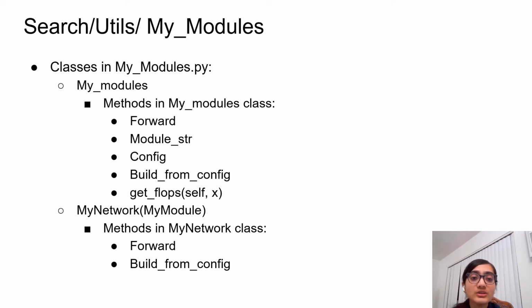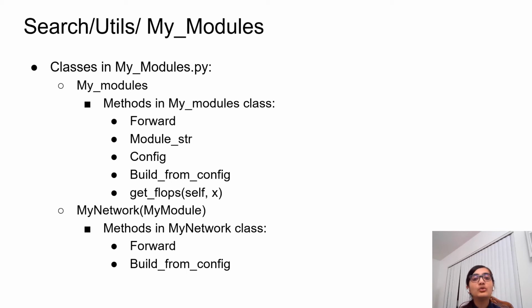And in my modules, the methods include forward, which has the forwarding path, how the network is being connected, and what are the paths or edges which have forward weights to the next candidate neural network architecture. And in module str, this is one function where you have the module stride being defined for the particular layer.